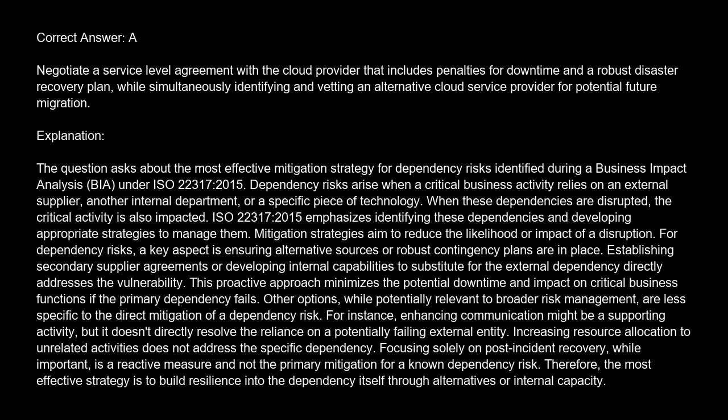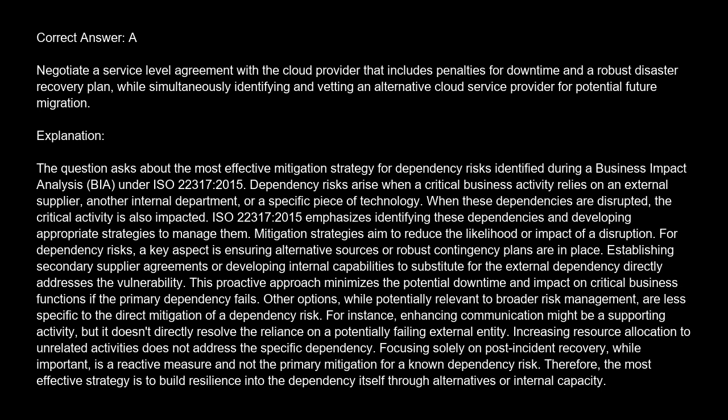ISO 22317-2015 emphasizes identifying these dependencies and developing appropriate strategies to manage them. Mitigation strategies aim to reduce the likelihood or impact of a disruption. For dependency risks, a key aspect is ensuring alternative sources or robust contingency plans are in place. Establishing secondary supplier agreements or developing internal capabilities to substitute for the external dependency directly addresses the vulnerability.